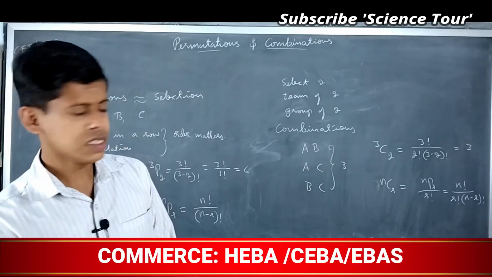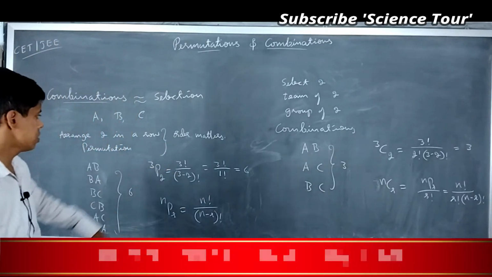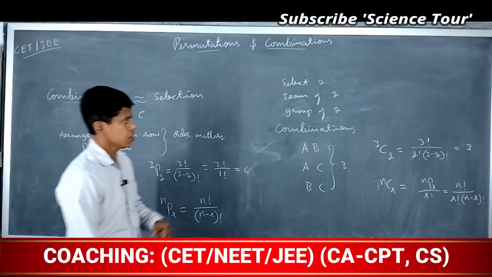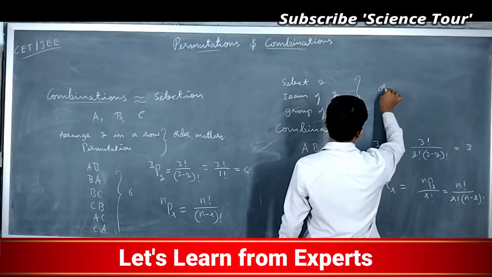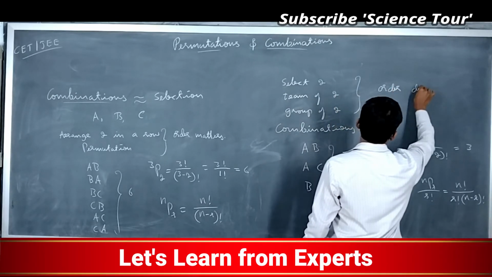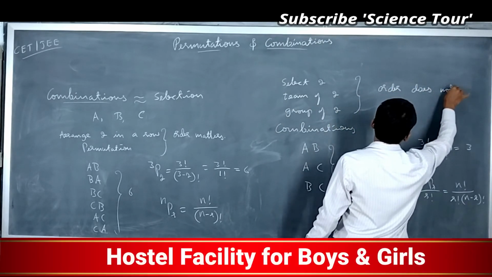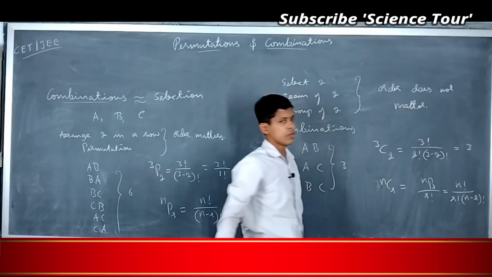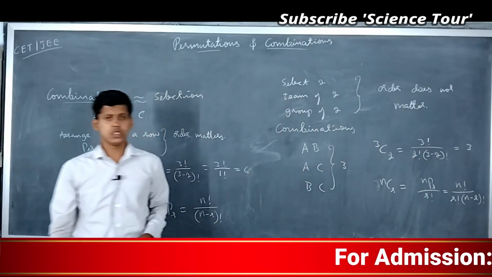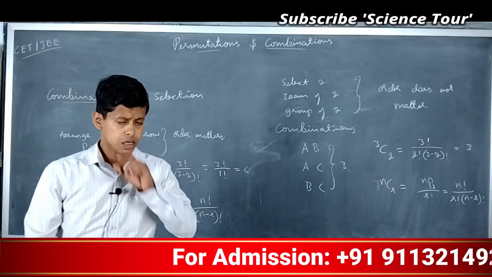Please understand, whenever order matters you have to use permutation. When order does not matter, use combinations.